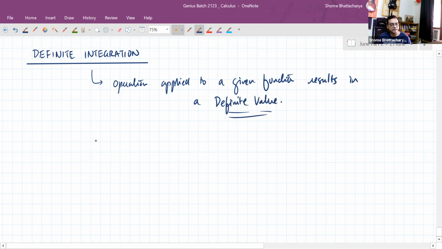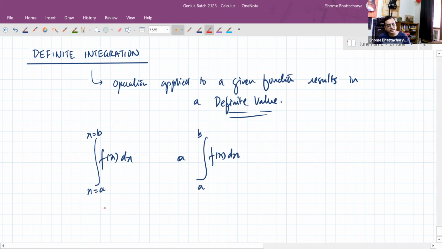Okay. So the definite integration symbol is like this, or sometimes it is just like this. Okay.